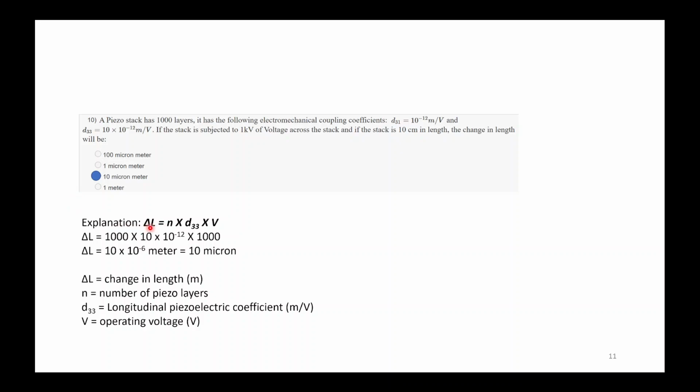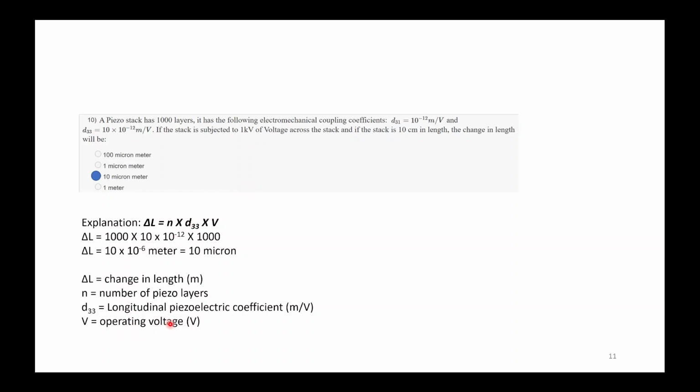Now the simple formula that is used is delta L equals N times D33 times voltage. Delta L is the change in length, N is the number of piezo layers which is given, and the length we have to calculate. D33 is the longitudinal piezoelectric coefficient which is given, and V is the operating voltage, 1 kilovolt.